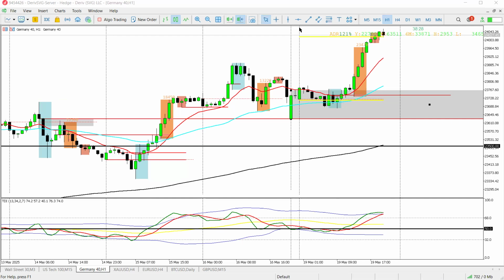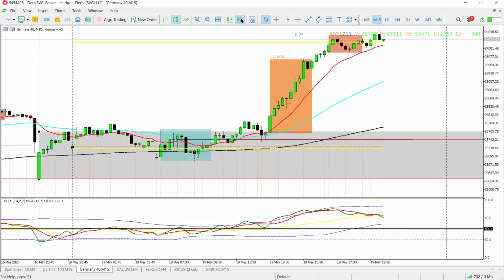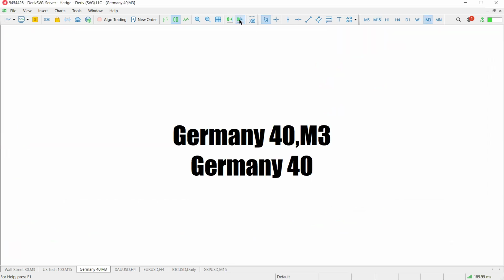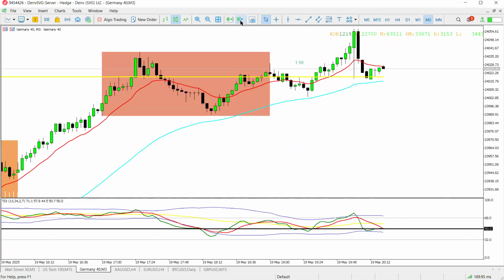To confirm my pattern, I had to come to M15, where I saw that this was my order block retest, which I just showed you. And we had a breaker here to confirm that we are actually buying. So M15 confirms. This breaker was to just confirm that I'm buying. Then after that, my entry time frame, I prefer my entries on the 3 minute, although you can still enter on the 1 hour or M15.